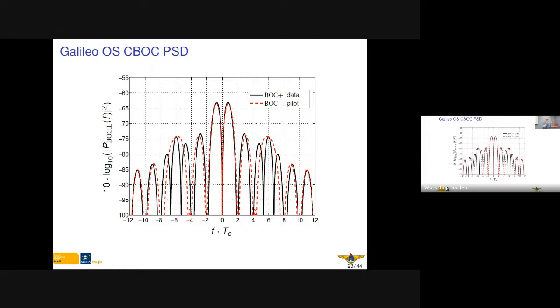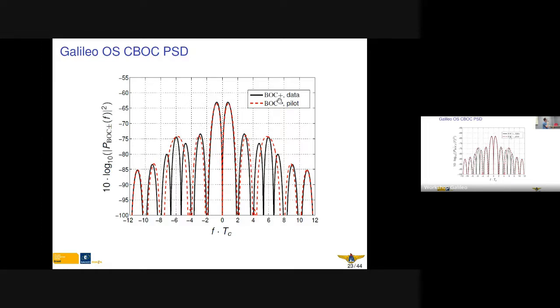I think we could go to a more extreme case, designing a pilot signal really extremely for robust parameter estimation, and a data signal that can implement higher data rates and is more optimized for data transmission. But Galileo already did a good job with this signal design.